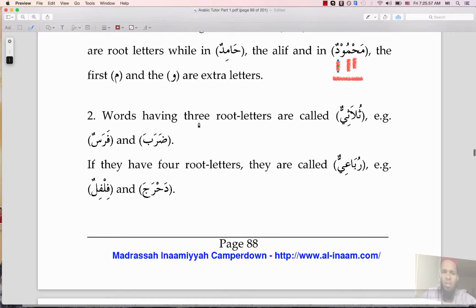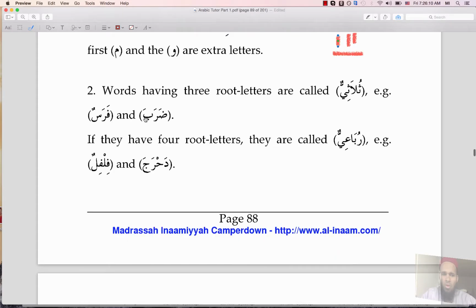Words having 3-letter roots are called thulathi. Examples are farasun, daraba, and sami'a, fa'ala. We have gone through hundreds of those. If they have 4 root letters, then they're called ruba'i.